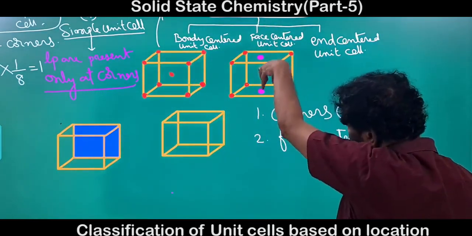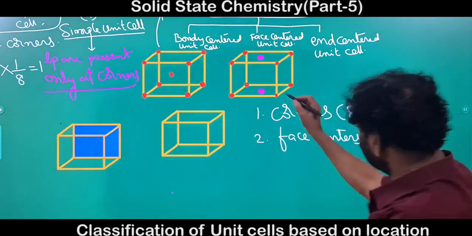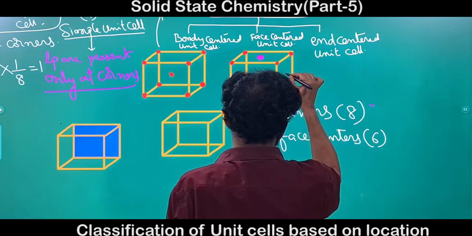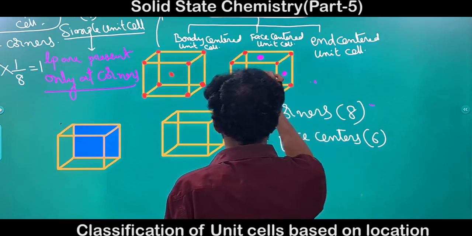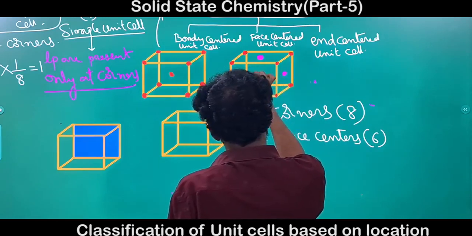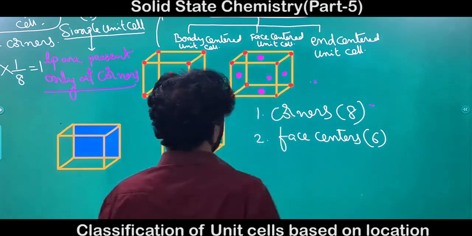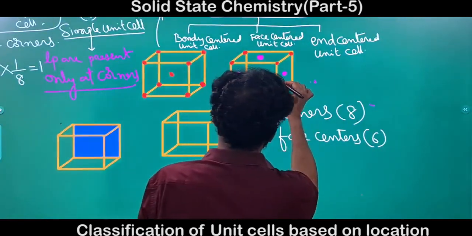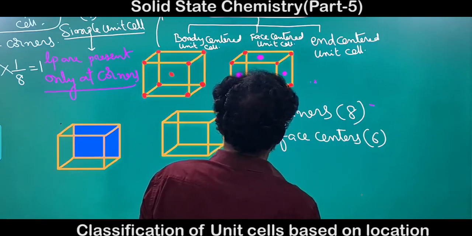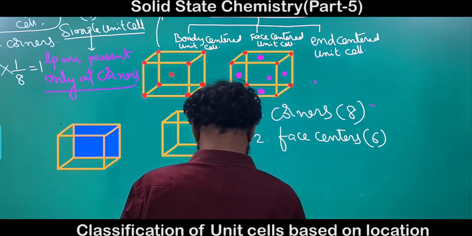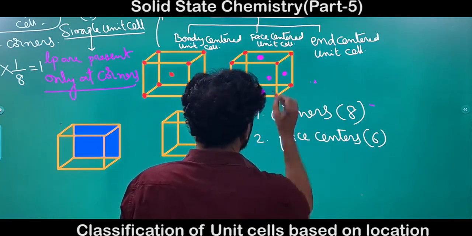One lattice point at the center of the top face, one lattice point at the center of the bottom face. This is the right side face, the center of the right side face, and the center of the left side face. These are the face center points. This is the 4.